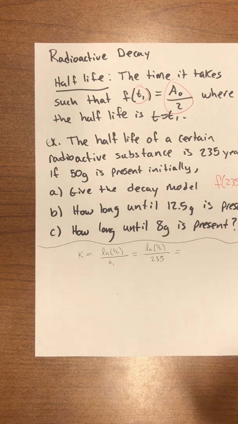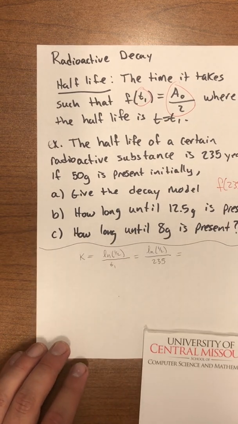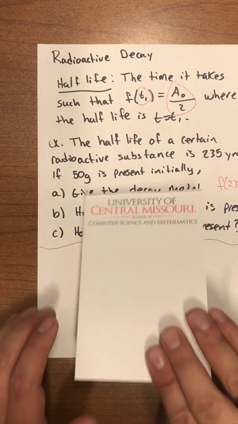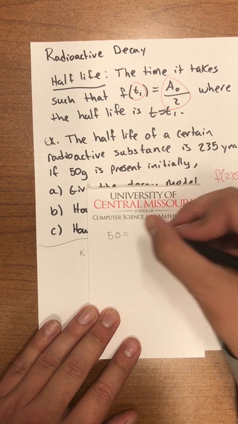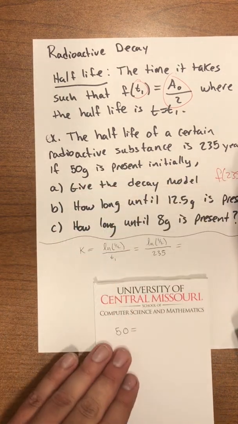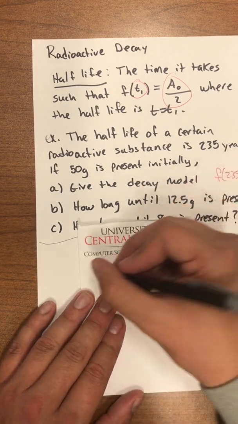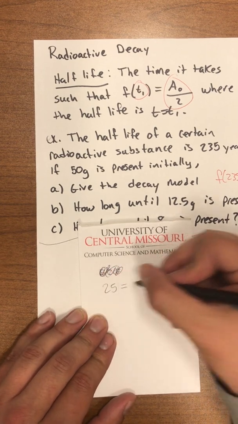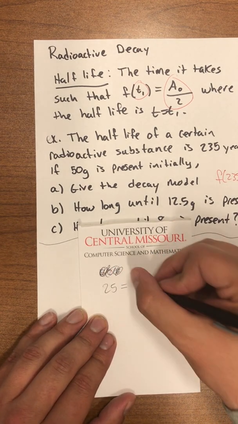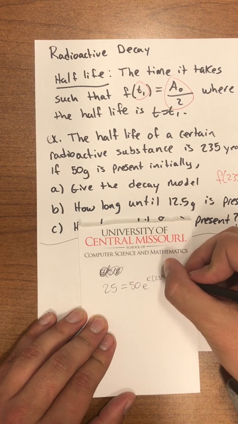So every time you solve, and let's just do that real quick. Every time you solve this, you will end up with k equals the natural log of 1/2 divided by the half-life time. So if we know that 50 grams is initially present, half of that is 25, e to the k, and then the time for the half-life is 235.